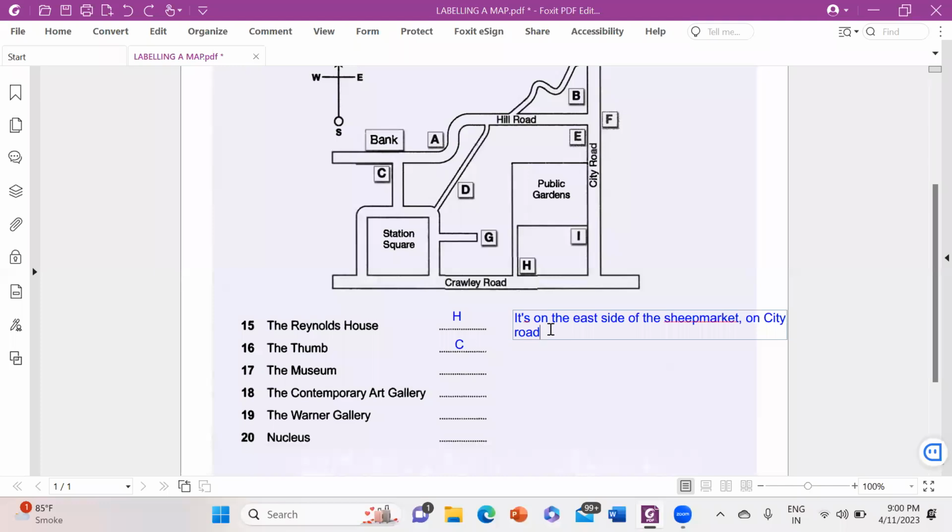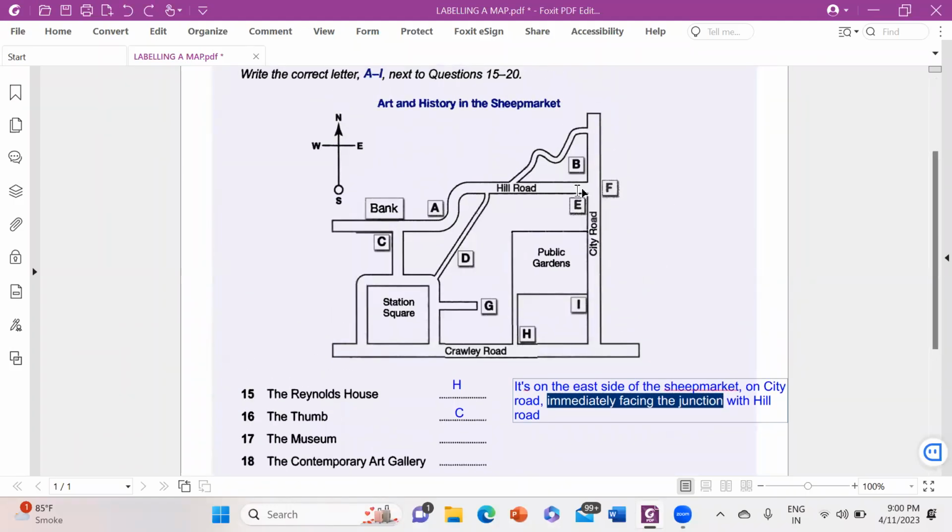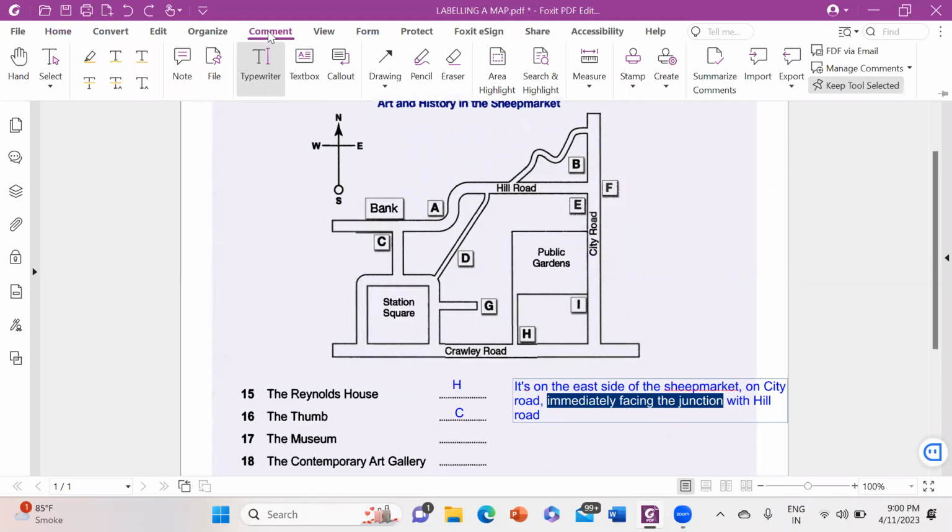Okay, on the City Road. Then they also said, immediately facing the junction with Hill Road. So guys, on City Road there are two junctions.